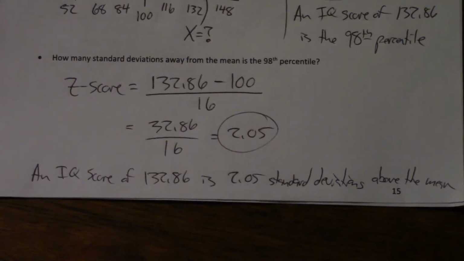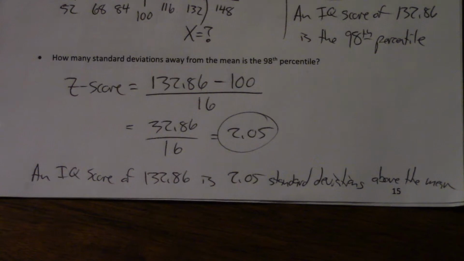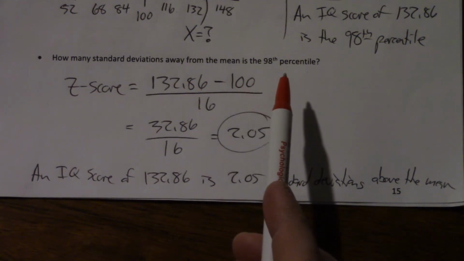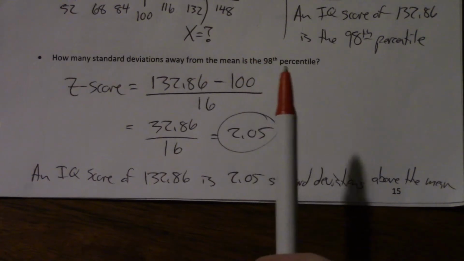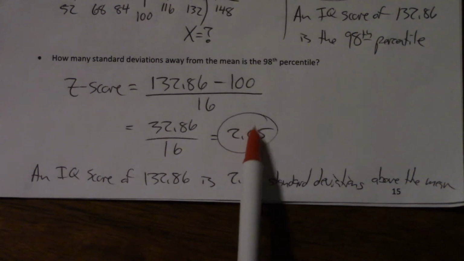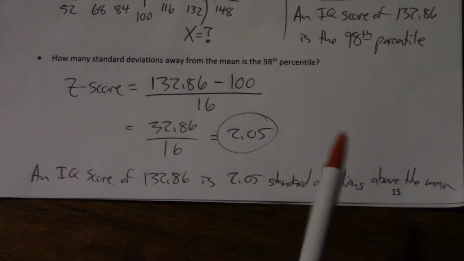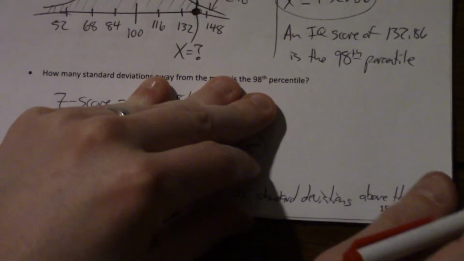It's only a little more than 2 standard deviations above the mean. Still pretty high though, but just an interesting result, I suppose. The 98th percentile seems like it would be further from the mean, but it's really not. Okay, let's do a bunch more examples.